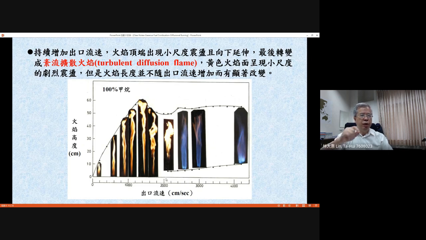When you increase your injection velocity to a certain value, your diffusion flame cannot be stabilized at the burner exit, and the flame will lift off and stand at a certain distance away from the exit plane of the burner, just like this example. This kind of transition I will explain later, including the reason for it.